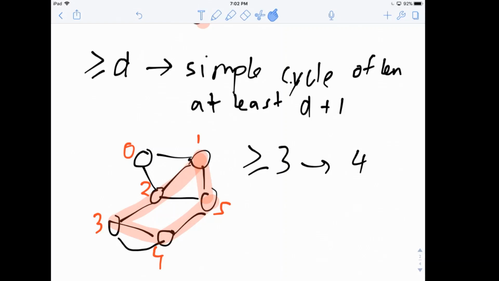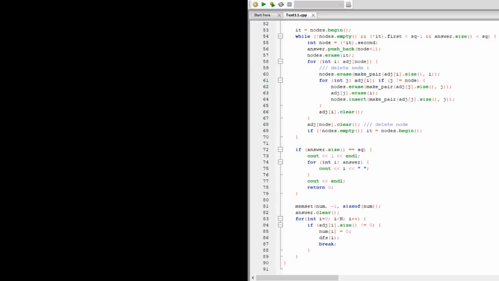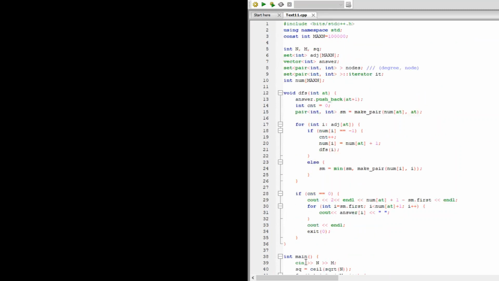We're going to go through the whole graph, giving every node a number, and we're going to keep increasing it until we find a node which has no possible unvisited neighbors, and then we'll take the neighbor with the smallest value and make the cycle. And that cycle is guaranteed to be of length d plus 1, at least d plus 1 as we've proven. Okay, so we're going to originally set everything in num to -1, and num is an int array.